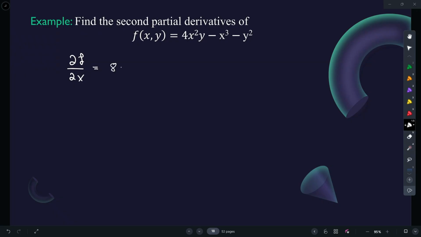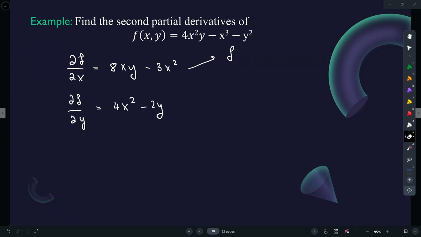So this is 8xy minus 3x squared. The partial with respect to y is 4x squared, 0, and then minus 2y, right? Then I'm going to do the derivative.